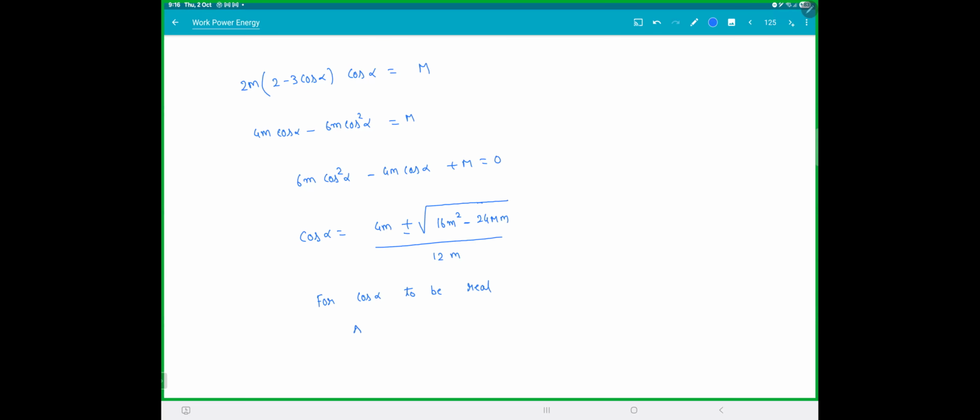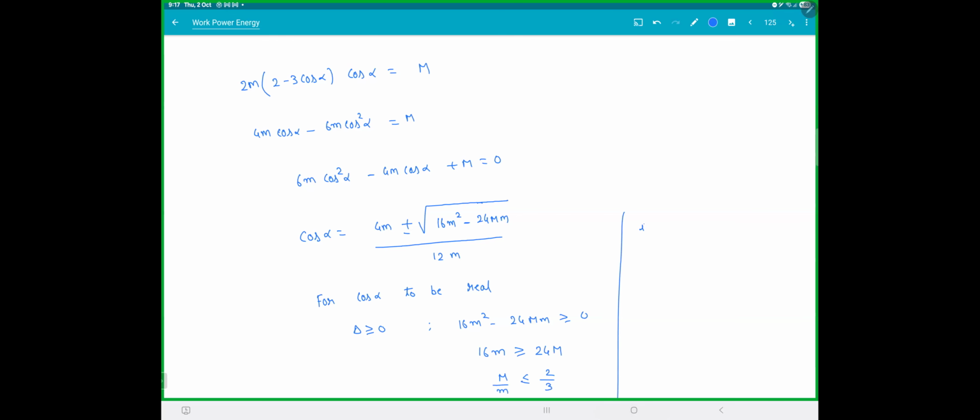The discriminant delta must be greater than or equal to 0. So 16m square minus 24 capital M small m must be greater than or equal to 0. We get 16 small m is greater than or equal to 24 capital M. So we get M by m must be less than or equal to 2 by 3.